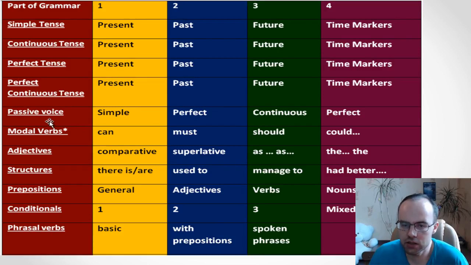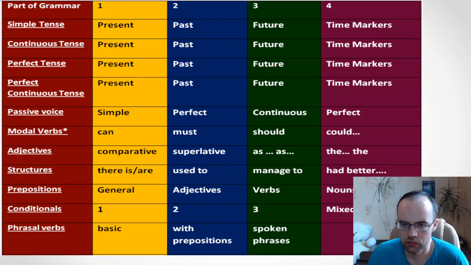Okay, next let's look at passive voice. If we look at passive voice, it's also a problem for many students. The thing is that we often meet passive voice in different correspondence, we often hear it in the news, and you need to start with passive voice in present simple, past simple, future simple, then you need to have a look at present perfect passive and present continuous passive.